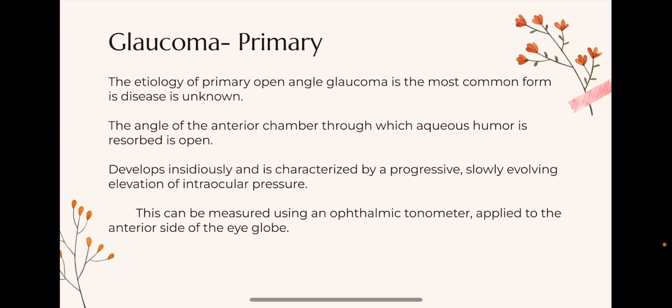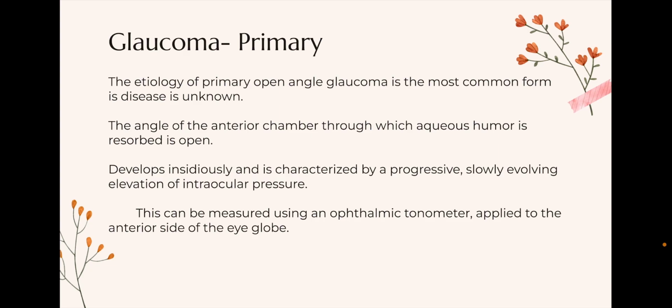So glaucoma, the etiology of primary open angle glaucoma is unknown. This is the most common form of glaucoma. The angle of the anterior chamber through which the aqueous humor is reabsorbed is opened and there's no damage to it.